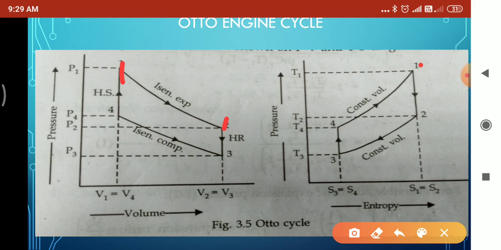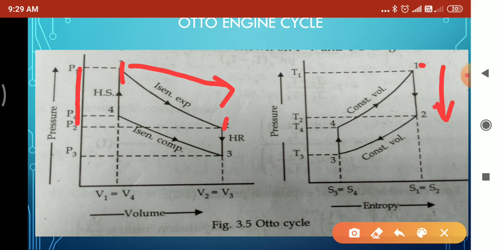Temperature T1 to T2 means a decrease in temperature, an increase in volume and a decrease in pressure. So in this process, temperature decreases from T1 to T2, volume increases from V1 to V2, and pressure decreases from P1 to P2.